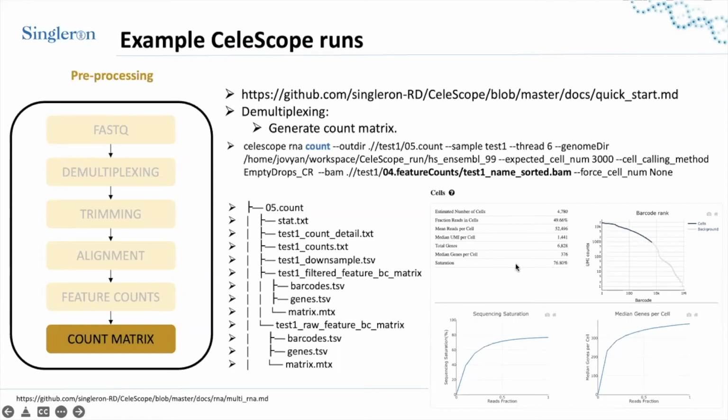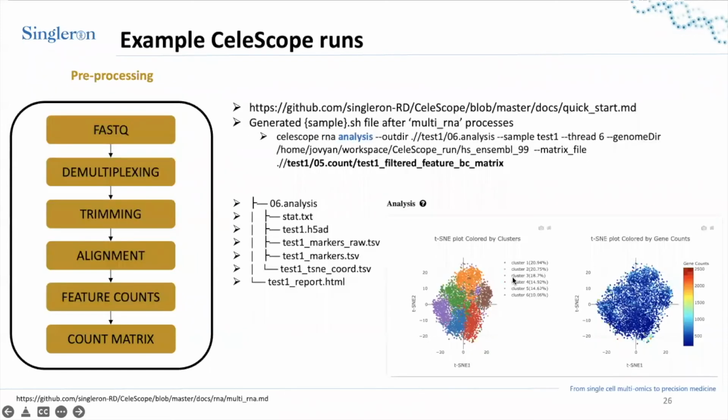In the later algorithms, the algorithm changed to make use of the ambient RNA arrays, but still, I think the barcode rank plot is still reported to give us an inspection of how the cell calling algorithm works. And the last part is the analysis. We will not cover analysis in this talk.